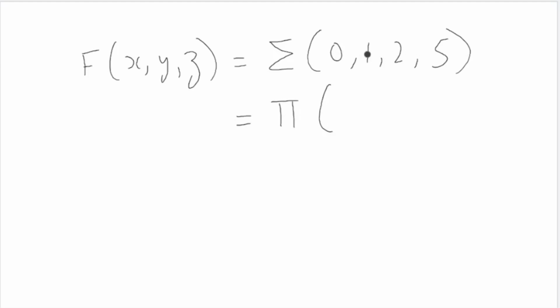So 0 is over here, 1 is over here, 2 is over here, 3 is not there, 4 is not there, 5 is there, so we leave 5 out, then 6, 7. So this is the relationship between the sigma and the pi version. So in the worst case scenario, let's say in the examination you are given the expression for pi and you're asked to do it for sigma, or the other way around, this is how you do it.